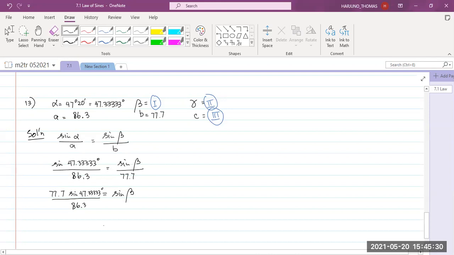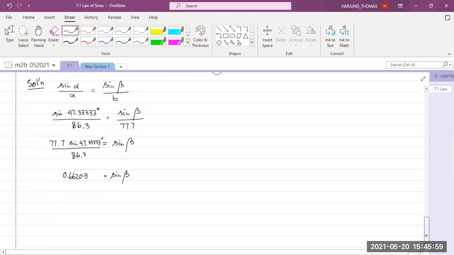Let me continue. Then sine beta is equal to 77.7 sine 47.33333 divided by 86.3. I get 0.66203. Now the thing is, there are two angles that give you that value.